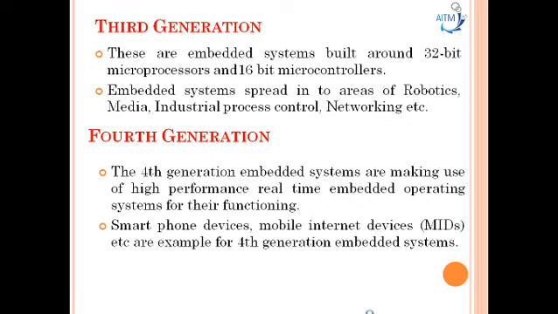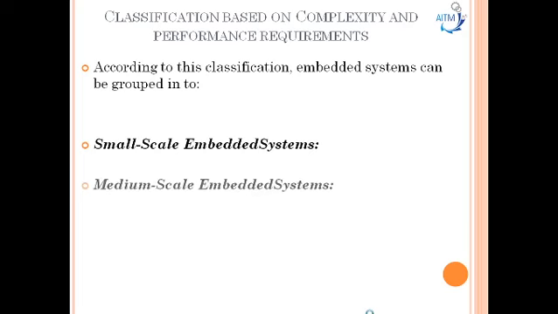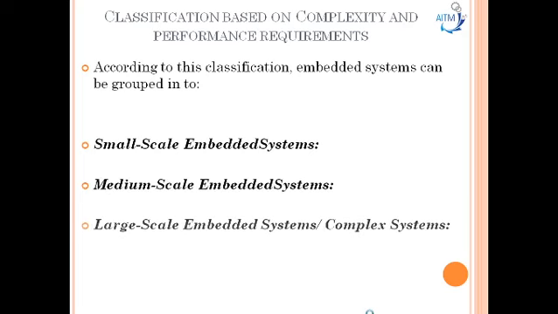Now coming to the next classification, that is based on complexity and performance requirements. According to this classification, embedded systems can be grouped into small scale embedded systems, medium scale embedded systems, and large scale embedded systems, or they can be called complex systems. So this classification is done based on complexity and performance requirements.